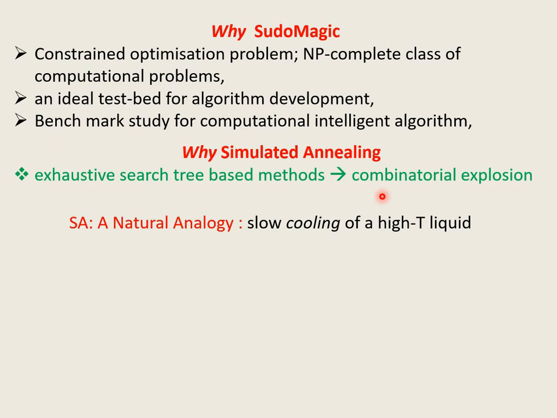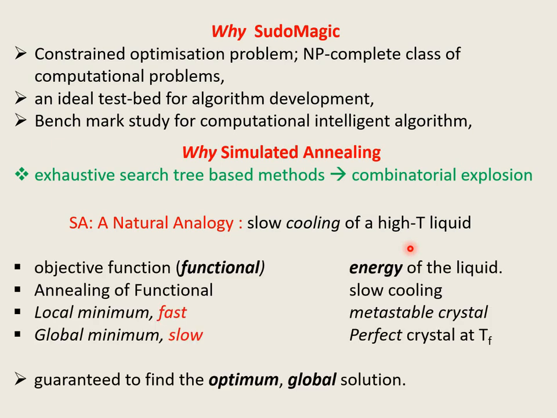And just an outline of SAM, it actually replicates or mimics a very natural process, which is cooling of high temperature liquid. How? If you compare with your computational algorithm, in this cooling of real liquid, the energy of the liquid is compared to some objective function or functional of the problem. If you cool the liquid slowly, you are sure to reach the perfect crystal. But if you cool it faster, then probably you will reach a metastable crystal.